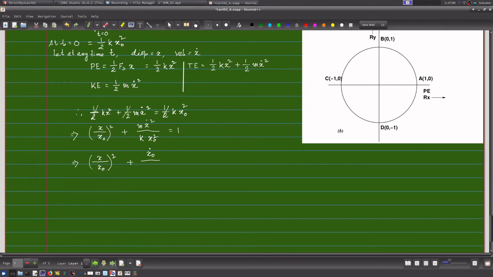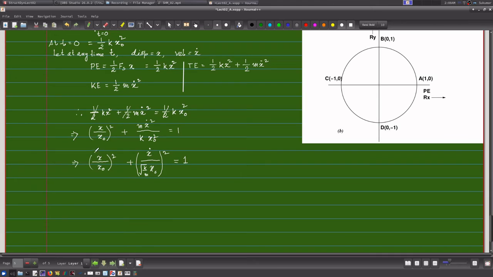This is x dot only. So x dot divided by x naught, and here I can write this as root over k by m, whole thing squared, right? And this is equal to 1.